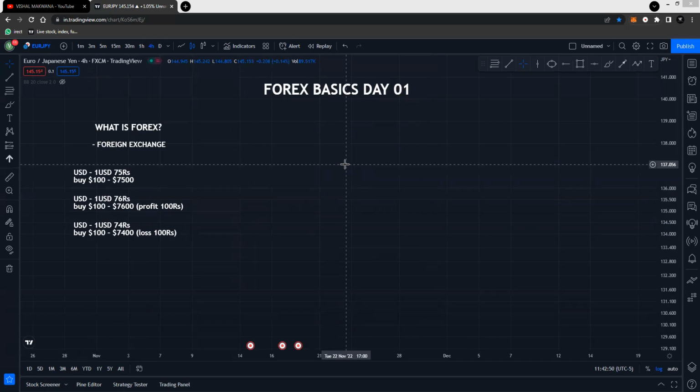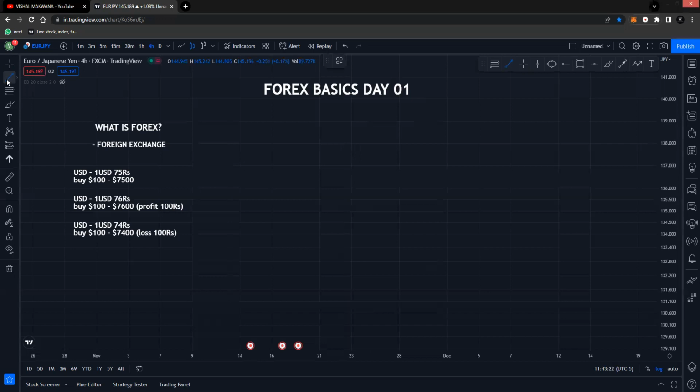For example, if the US dollar is getting stronger against any currency and we see the market is going up, we will buy. And as the market keeps going higher, we make profit. If the market is going lower, we would sell, and as the market keeps going down, we would make profits. So that's all about what is Forex. It's foreign exchange. We deal in different currencies and we trade the movements in the market.